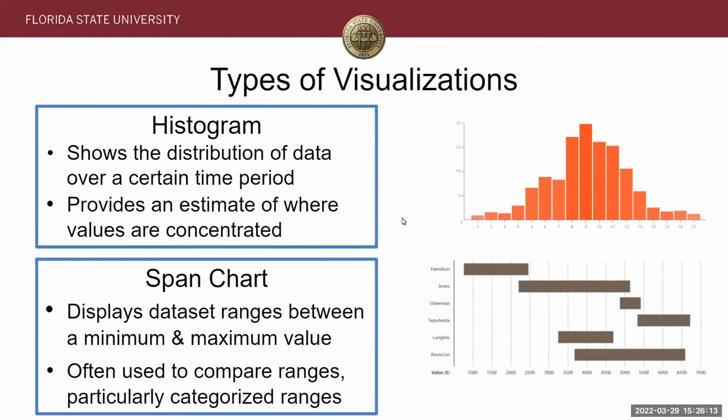And it really focuses the reader on the extreme values. So if you really want information on the values in between, or on averages or data distribution, this might not be the best chart. But if you want to compare ranges, see those minimum and maximum values, span charts can be useful.